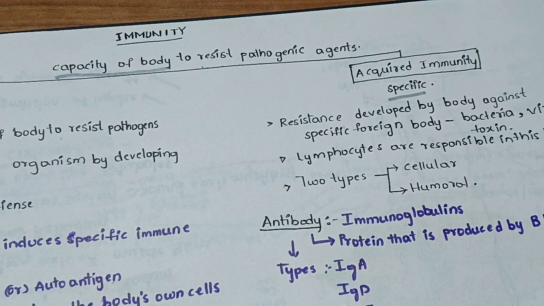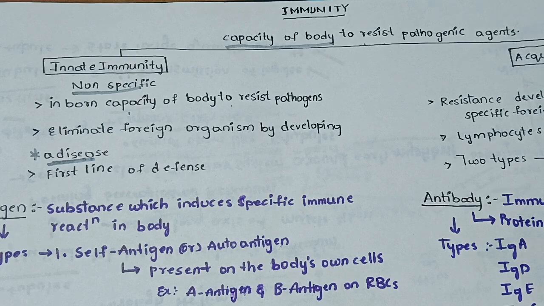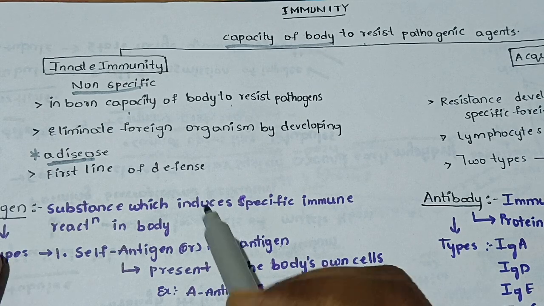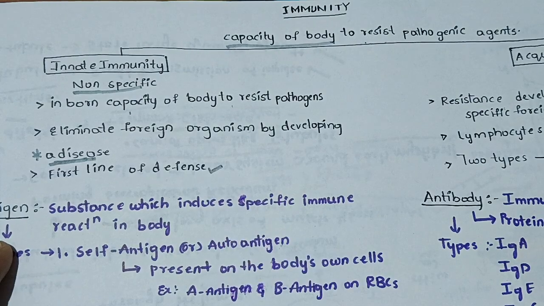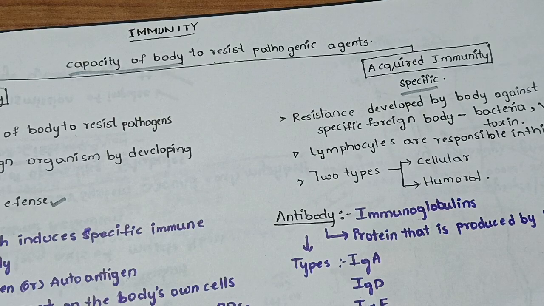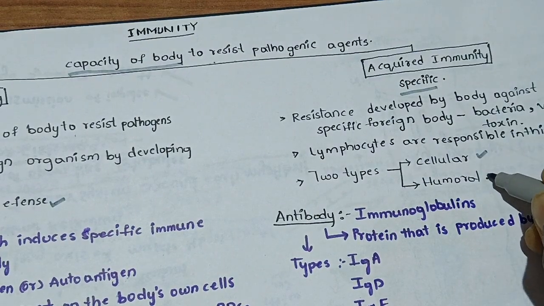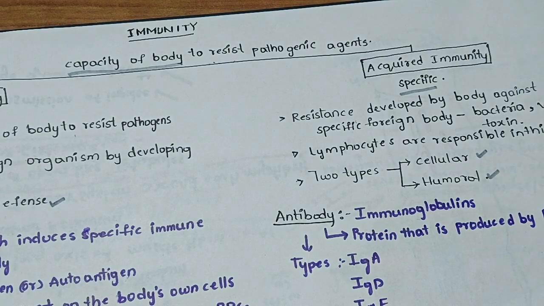Innate immunity is the first line of defense, whereas acquired is the second line of defense. Acquired immunity is again classified into cellular and humoral immunity, which we will discuss in the next lecture.